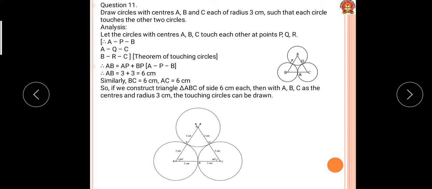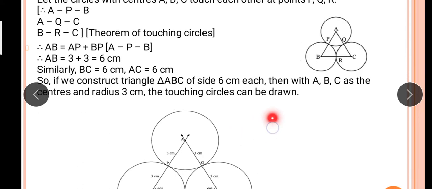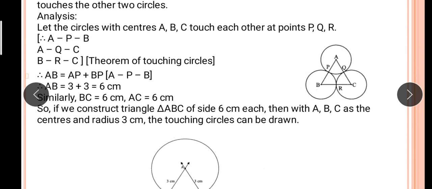Now see, draw circles with centers A, B and C, each of radius 3 cm, such that each circle touches the other 2 circles. Now see here, let the circles with centers A, B, C touch each other at points P, Q, R. This is an analytical figure.